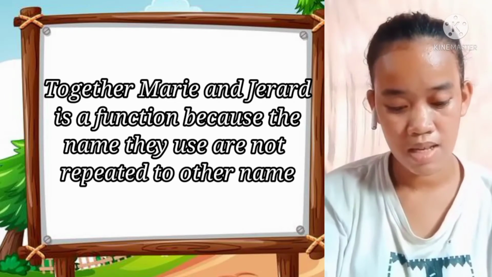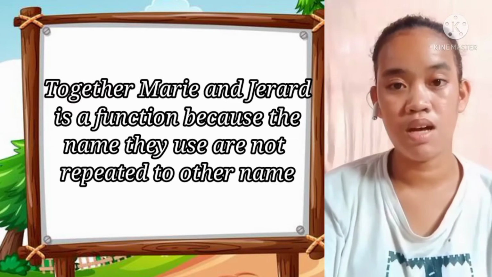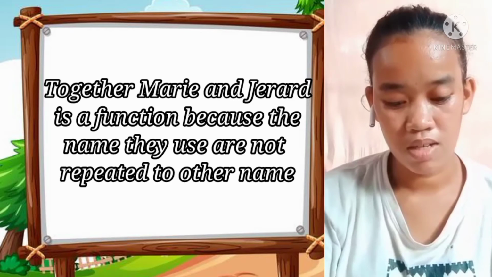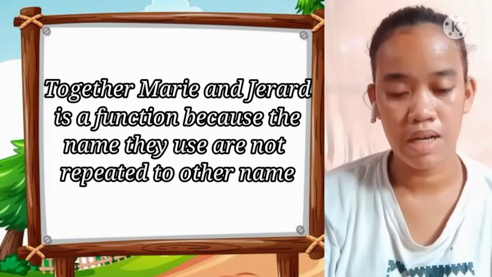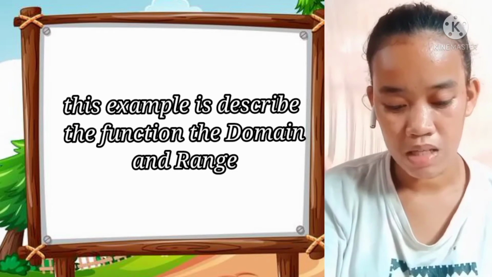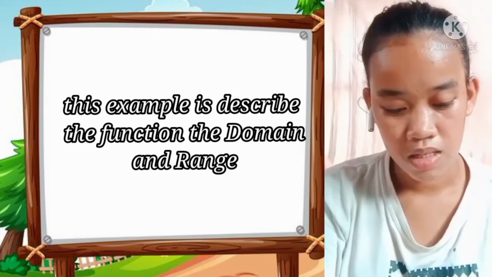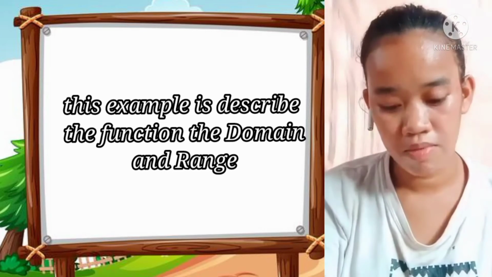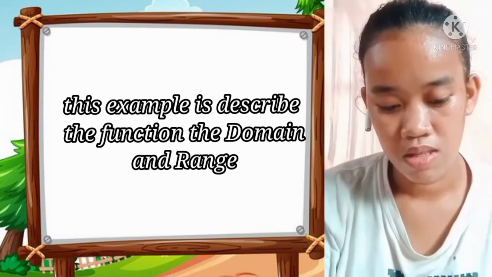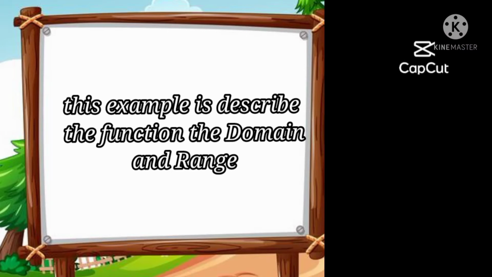Tapos kay Maris and kay Gerald is a function kasi hindi na ulit yung pangalan niya. This example describes the function, the domain and range.